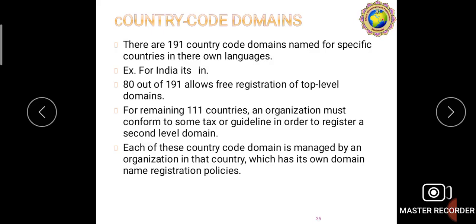So there are 191 country code domains named for specific countries, and for example, our India has a separate domain, IN. 80 countries allow free registration of top level domain, and the remaining 111 countries must follow the guideline to register a second level domain, and each of these country code domains is managed by an organization in that country, which has its own domain name registration policies.